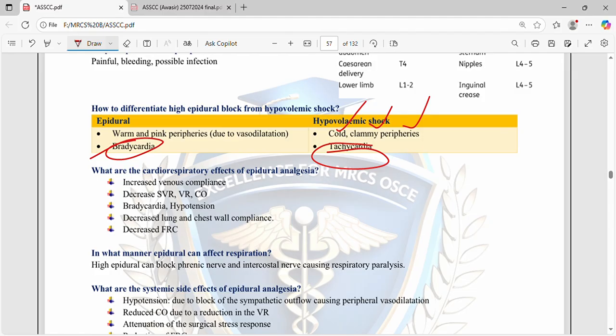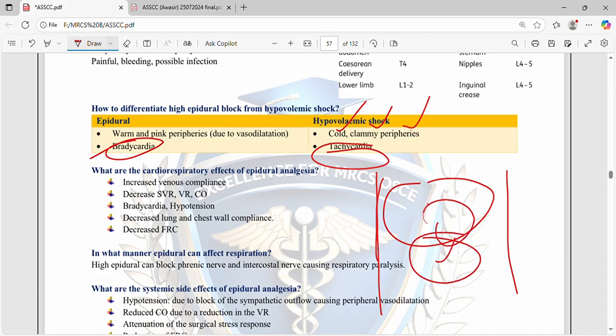What are the cardiorespiratory effects of epidural analgesia? Increased venous compliance, decreased systemic vascular resistance, decreased venous return, decreased cardiac output. If you lose the vasomotor tone, there will be increased compliance, so the blood will pool in the vessels.